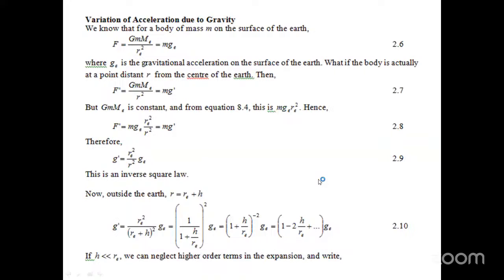If you take a look at 2.6, you cancel small m from both sides of 2.6. You arrive at capital G, capital M equals g e Re squared, right?